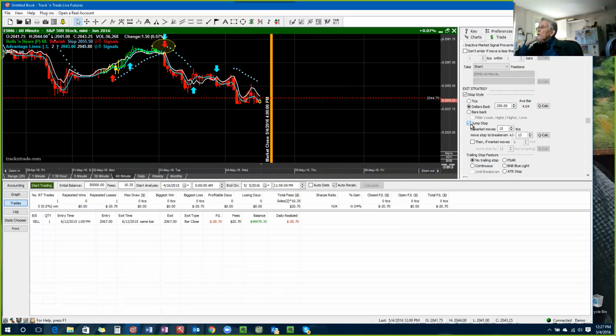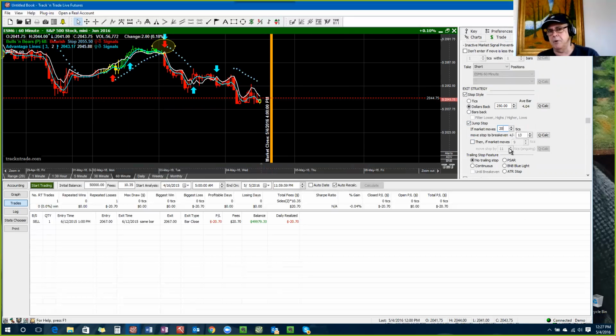Okay. A jump stop, the way that this is set up, let's use round numbers and say 20. You're saying if that market moves 20 ticks in my favor, a tick is $12.50, so it's $250. Isn't that right? Yeah, $250.